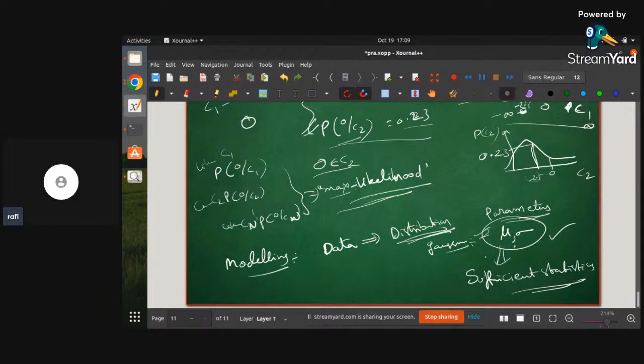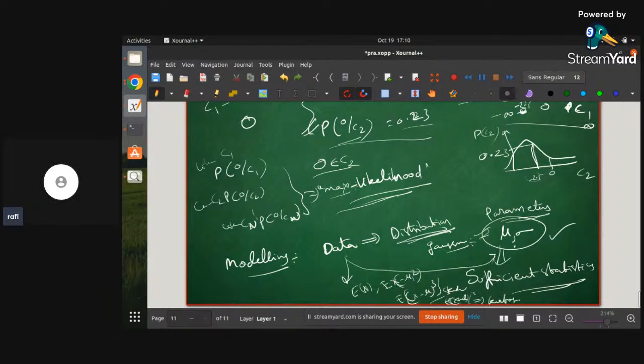From the data you can find mean and variance. You can also find higher order terms other than E of x, E of x square, and E of (x minus mu) whole square. You can also find E of (x minus mu) whole cube, which is called skewness, and fourth order statistics, E of (x minus mu) power 4, which you can call kurtosis.